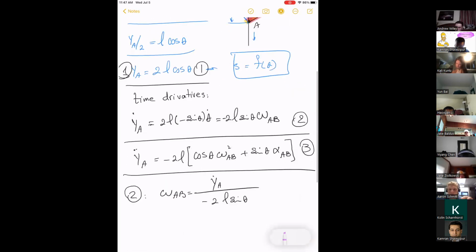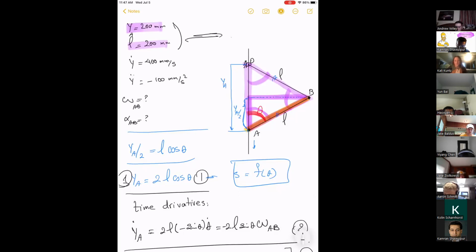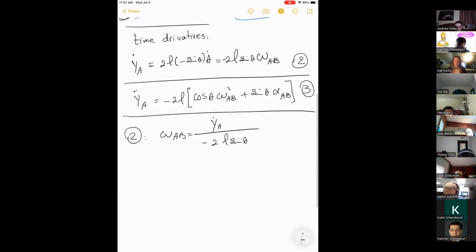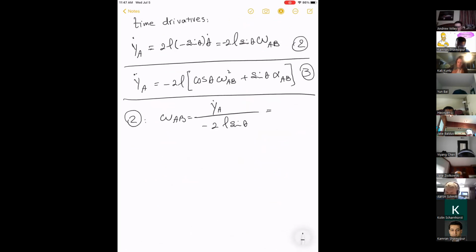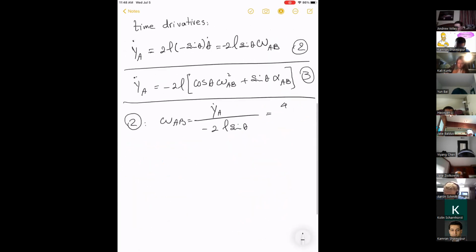So technically from the geometry, you can consider that theta at this moment is 60. Now I'm going to put the values here, okay? How much was Y dot? 400. You get 400 divided by minus 2 times 200 times sine 60.